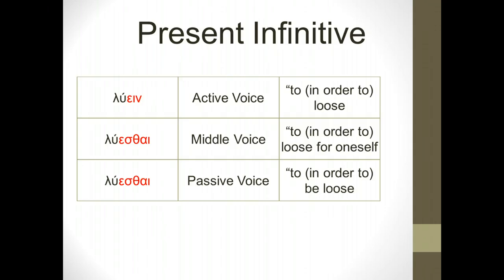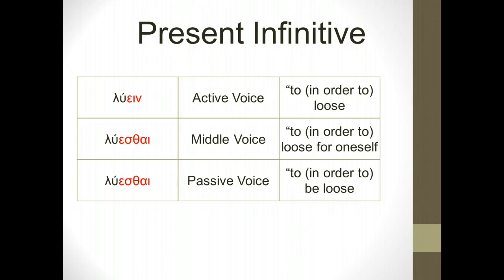Here are three new endings, and these are for the present infinitive. Using our stem lu, if we add the ending ein on the end, it becomes luein. And we simply then translate that as to loose, or you could even say to destroy.